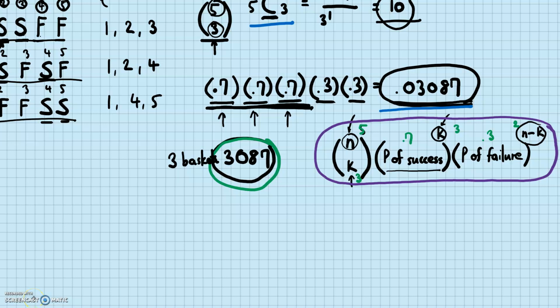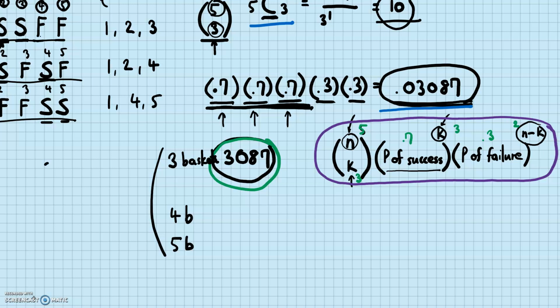To find the probability of at least 3 baskets, you can just calculate the same case where he makes 4 baskets and where he makes 5 baskets, and just add those probabilities up. And you'll get the probability of him making at least 3 baskets.